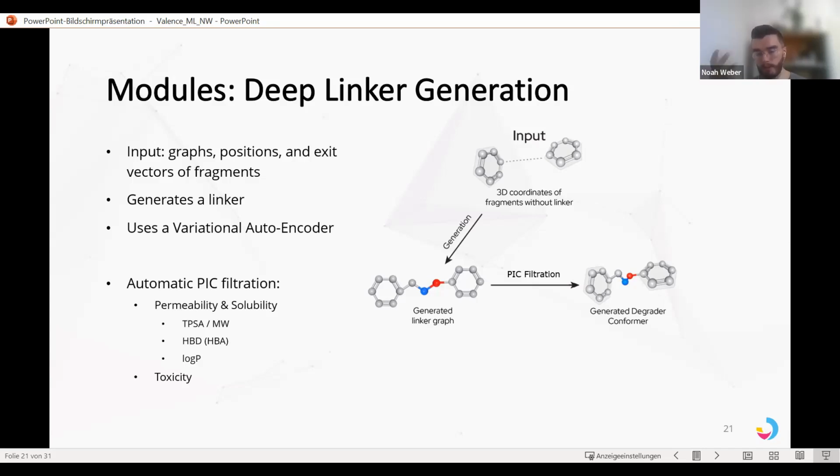I think there have also been previous presentations and work done on this part. I don't think it's particularly interesting to go deep into the architecture, but what I do think is very important to outline here, at least from a practical standpoint, is that what we needed to incorporate together in the generative part is also multi-objective optimization.